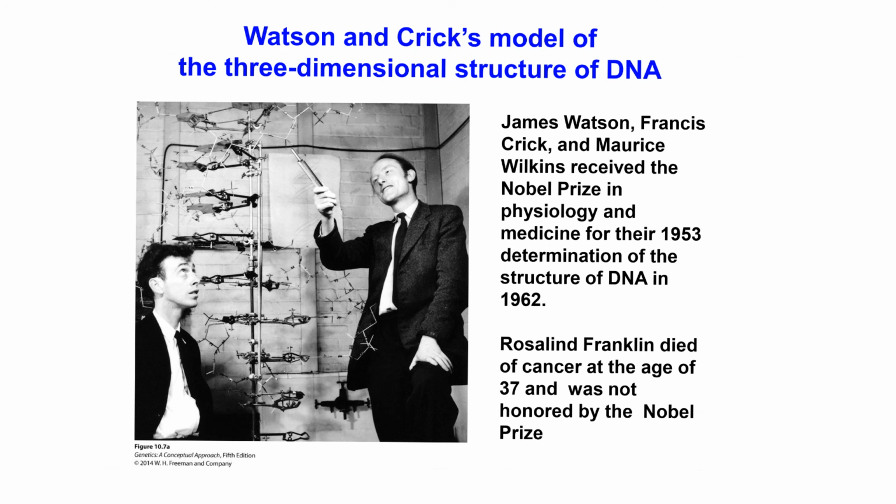Rosalind Franklin, who actually contributed enormously to the discovery of DNA structure, was not awarded the Nobel Prize, and the reason was that she was dead at the time. She died of cancer at the age of 37. However, her contribution is acknowledged in most publications nowadays.